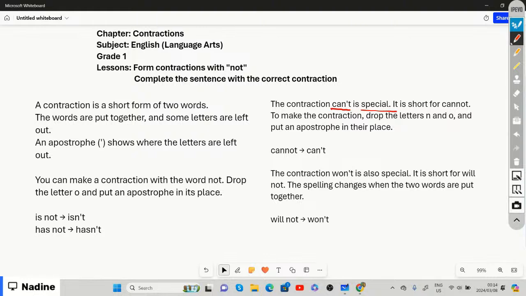So can't is also a negative contraction, right? It's like you're saying negative things all the time.